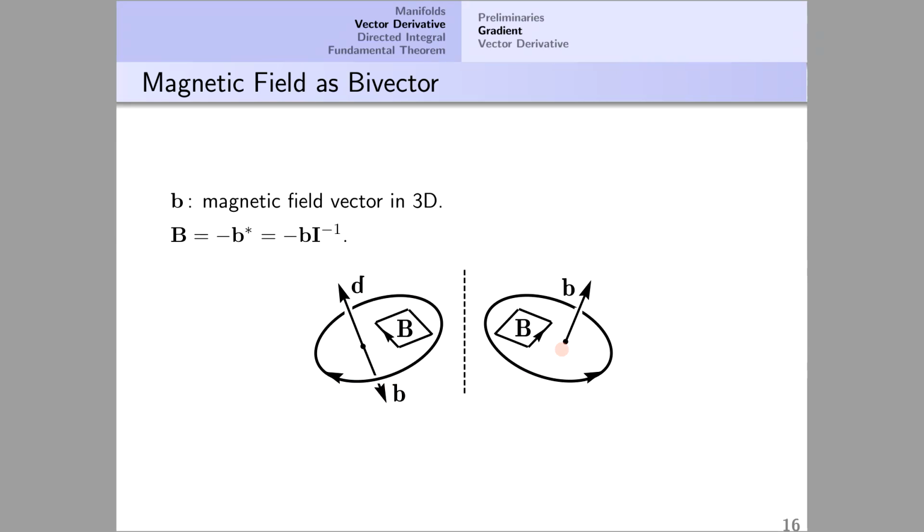The reflection of b I've indicated here, but it's not the representation of the magnetic field, as you can check applying the right-hand rule. Rather, the proper representation is the negative of this reflected b. For this reason, the magnetic field is, at least in this sense, not a vector. People instead call it a pseudovector.